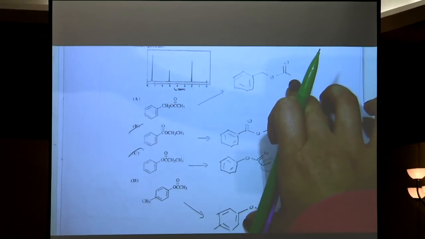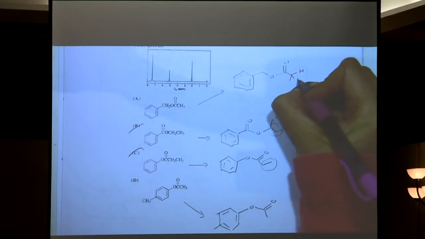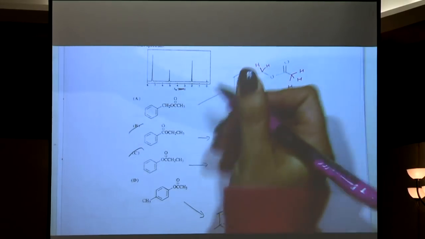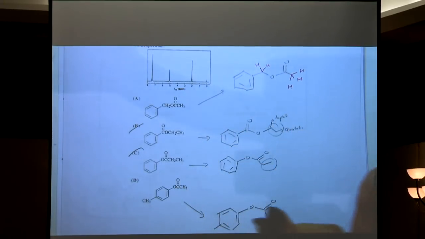Why does it have 3 peaks? For A, you have the hydrogens here, you have 2 here, and then you have the ones on the ring. Since it's symmetrical, the ones on the ring are going to be 1 reading. Same thing for this one: the hydrogens from here, the ones on the ring, and the ones from here. So they both give you all singlets, but then you have to look at shielded and de-shielded.